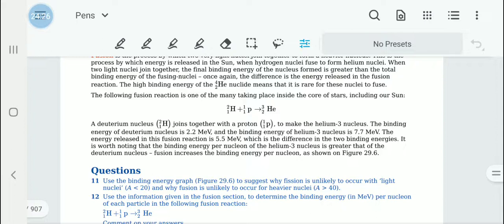In our Sun, hydrogen nuclei fuse to form helium nuclei. There are many different fusion reactions taking place on the Sun. This is one of them. A deuterium nucleus joins together with a proton to make a helium-3 nucleus. And then write down this equation.